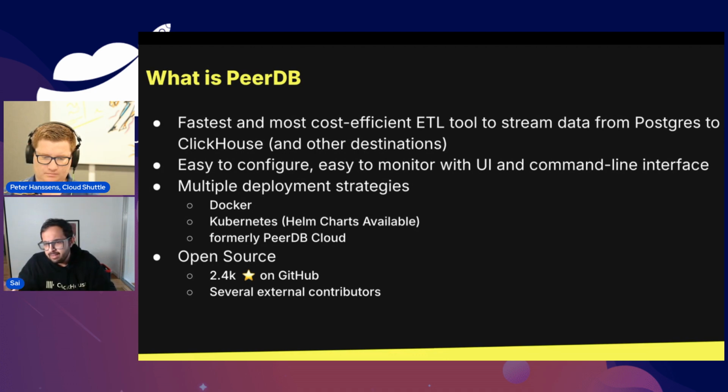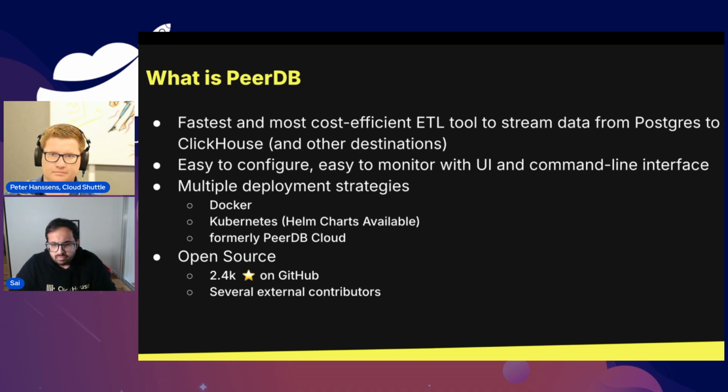The main value proposition is it's blazing fast, because it's purpose built for Postgres and ClickHouse. And number two, it's very cost effective as well. Under the covers, we do a bunch of optimizations to make data movement very cost effective. For example, we do compression and all of that.